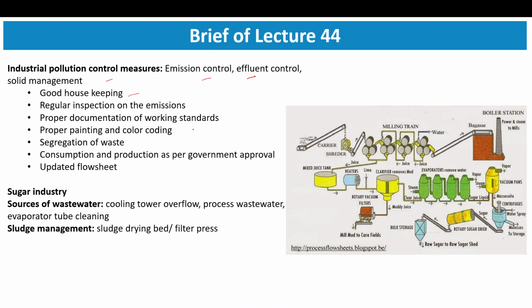Then there are proper color codings that need to be maintained. Like there can be a gas line, a water line, a chiller or chillant line. So depending on that, there are color codings in the industry, so that just by seeing, one can tell, because industrial processes have much more complexity.